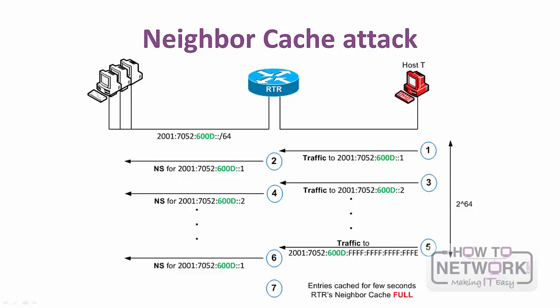For example, even if host 2001:7052:600D::A is not on the link, while resolving it, R1 will create a cache entry that will be incomplete and remain in the R1 neighbor cache for a few seconds until it times out.